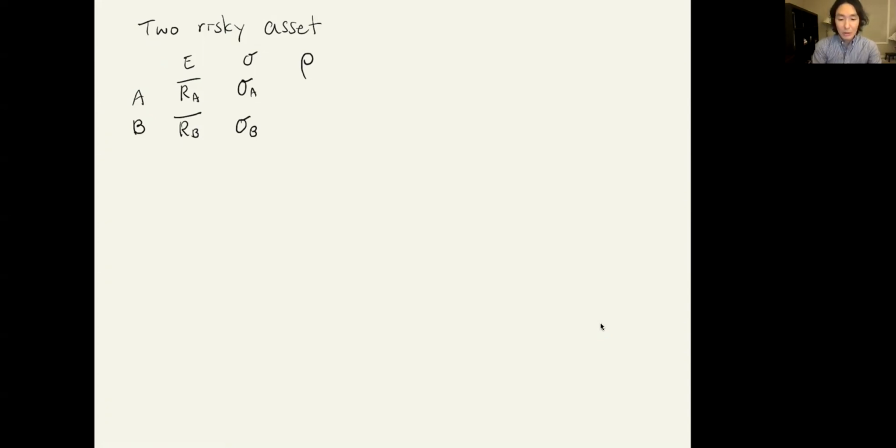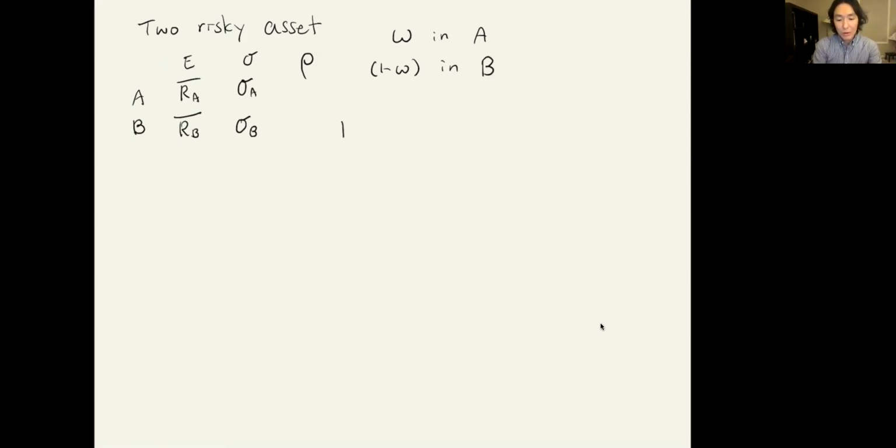Okay. So given this, we will form portfolios using the following weights. So weight W is the portfolio weight in asset A. And because the portfolio weights should sum up to 1, 1 minus W should be in asset B. Okay. Now we will form portfolios, okay?